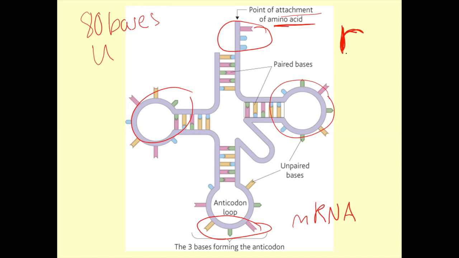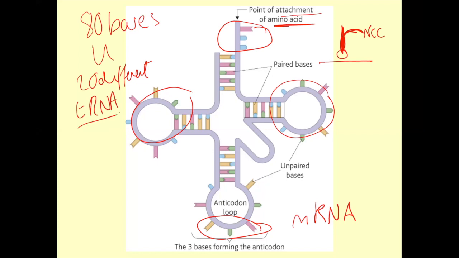On one end you'd have the connection with the mRNA, and on this side you would connect with an amino acid. Now, if you think about what these tRNAs are doing, there need to be 20 different tRNA molecules.